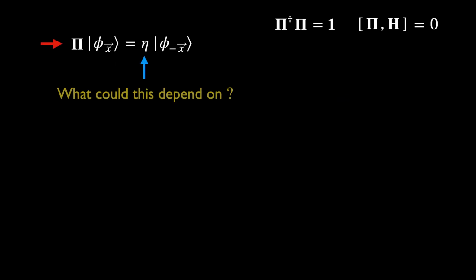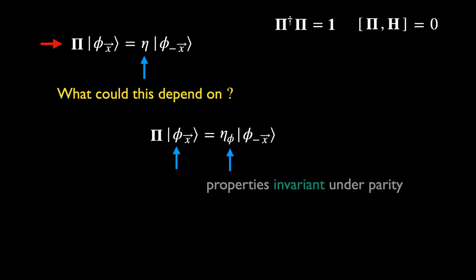What then could this phase depend on? Even though this is independent of position, it could still depend on the other properties of the state that are invariant under parity, like the species of the particle.